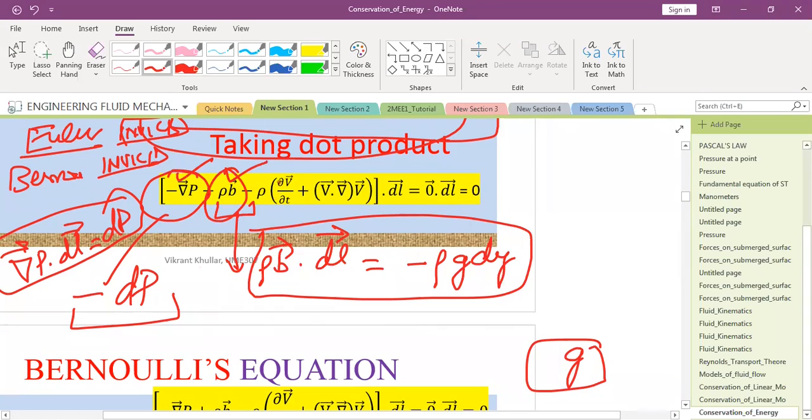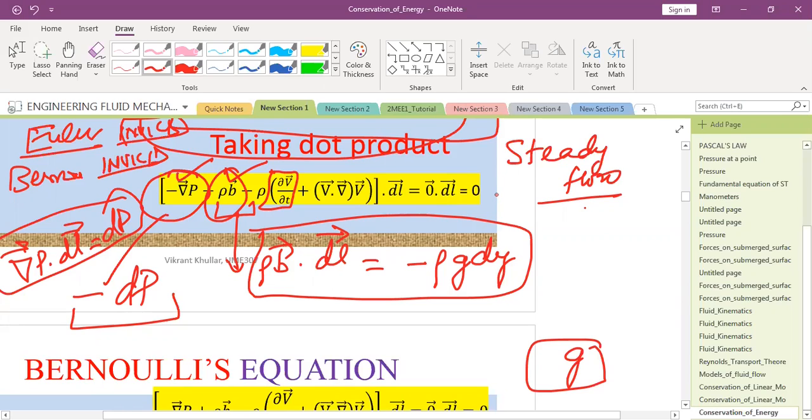Now I'm coming to the third term, that is this term. So please remember, in Bernoulli's equation, we assume steady flow. And please remember, when I say steady flow, it means steady flow from the Eulerian frame of reference. Is that clear?